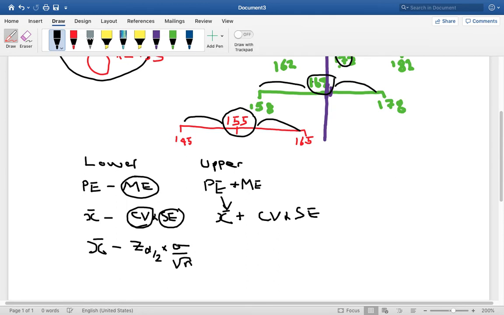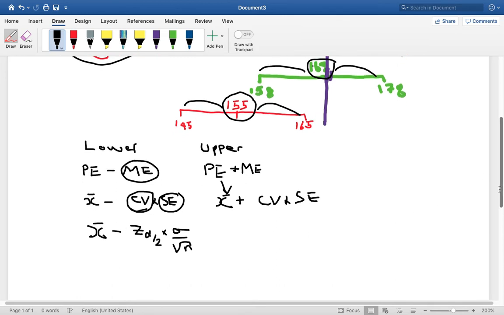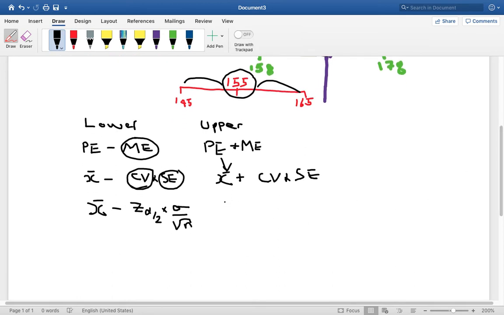That's the standard deviation for the X bar distribution. And this is how we're going to calculate. Likewise, on this side, this is going to be X bar plus z of alpha over 2, the critical value, times the standard error, which is sigma over the square root of n. So this is a particular case where we have a normal distribution. There are other cases which we'll mention in a moment.